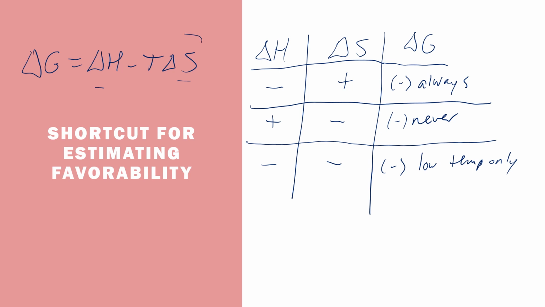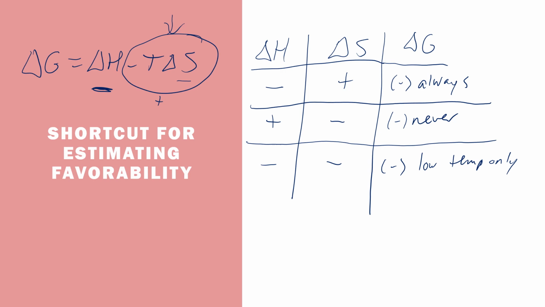So if this whole thing is positive, we need this to be small enough that it doesn't overpower the negative from the delta H. So if you have a low temperature, it makes this term lower overall, indicating that you will have a negative value.